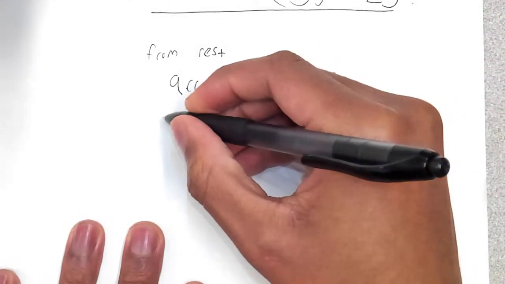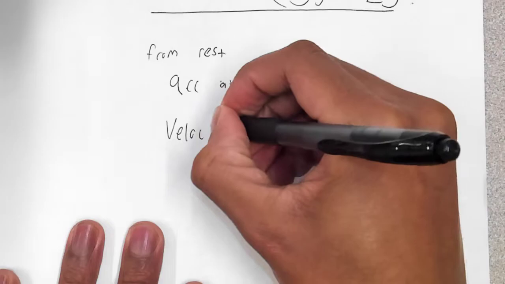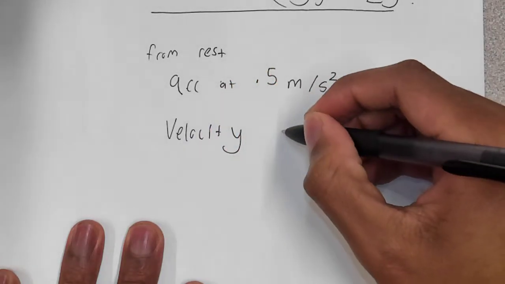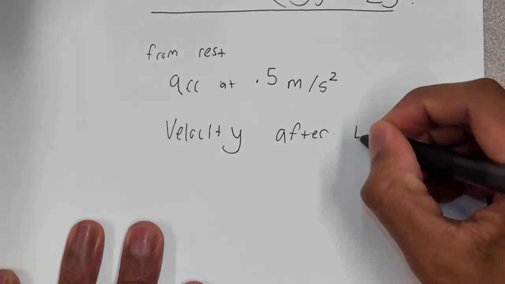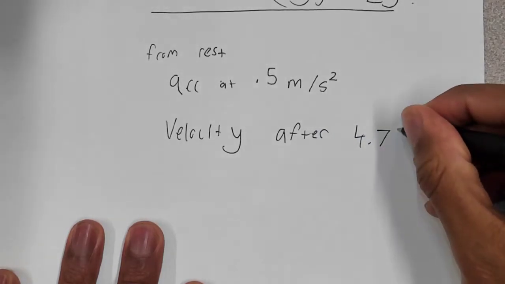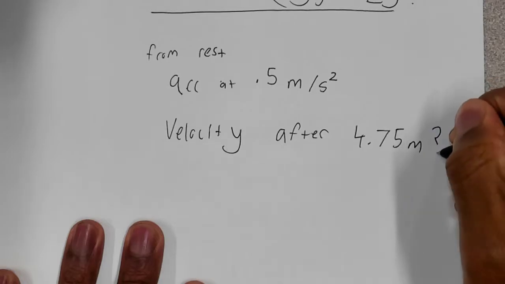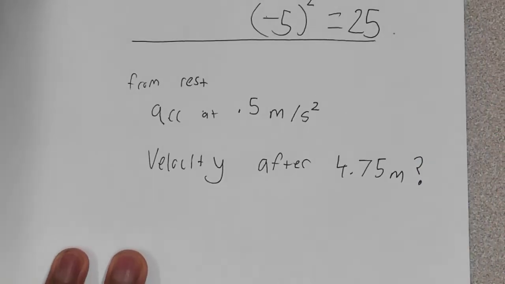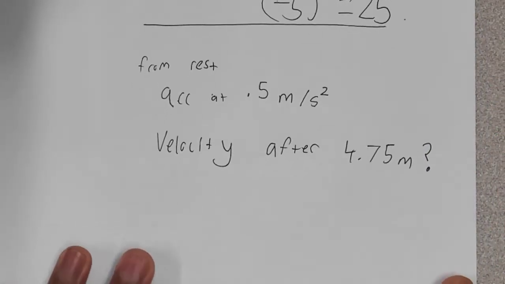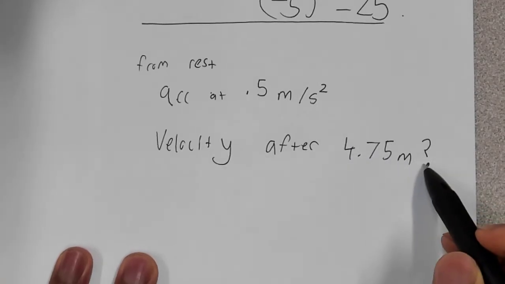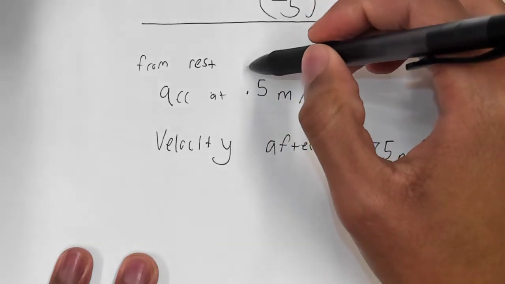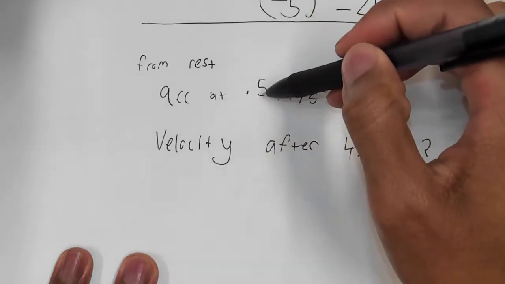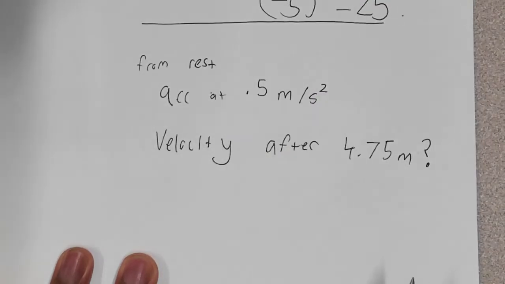What is the velocity of the stroller after it has traveled 4.75 meters? So what is the velocity of the stroller after it's traveled 4.75 meters? Again, Christian started from rest at 0 velocity, accelerated at 0.5 meters per second squared.